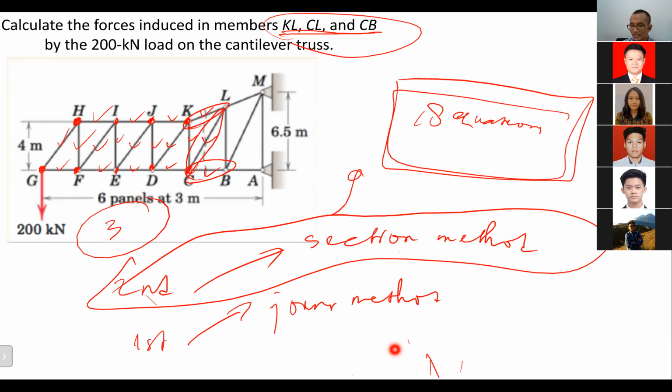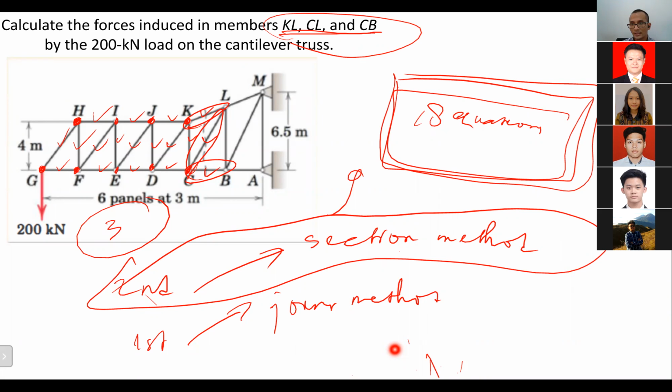So basically in this particular problem, we only need to find the load at members KL, CL, and CP, right, Rizky? But using the joint method, we have to solve 18 equations because we have to solve for joints G, H, F, I, E, G, D, K, C, like that.